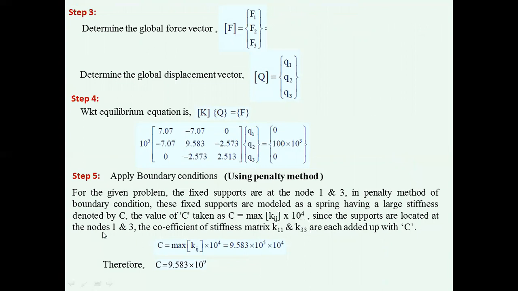Since the supports are located at nodes 1 and 3, the coefficients of the stiffness matrix with respect to 1 and 3, that is K11 and K33, are added up with the C value. So that is the penalty approach method.